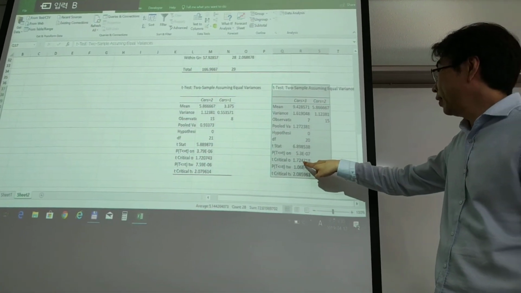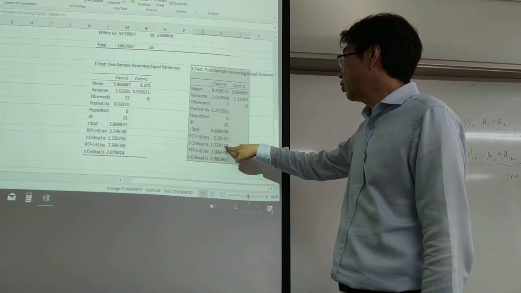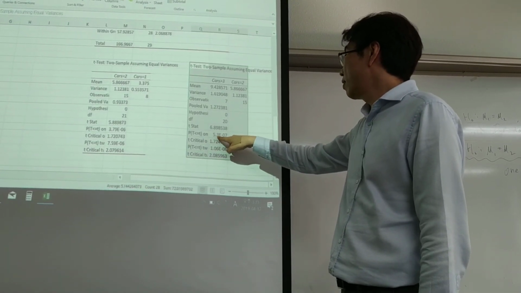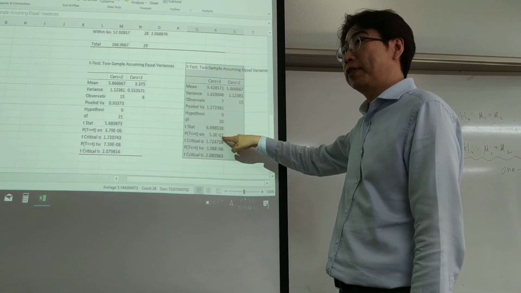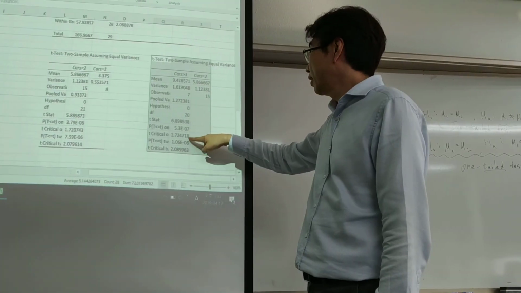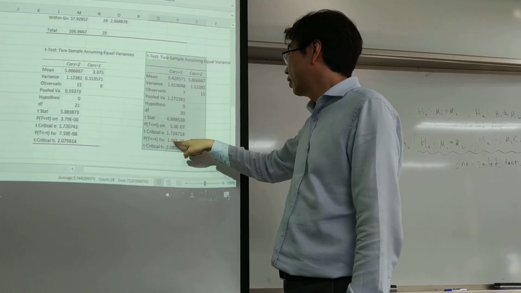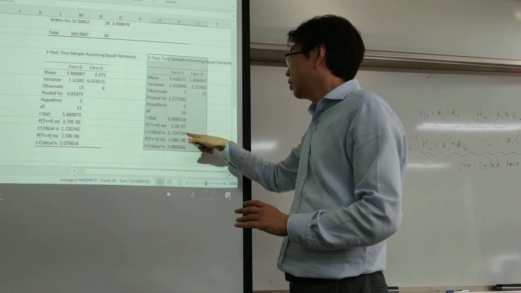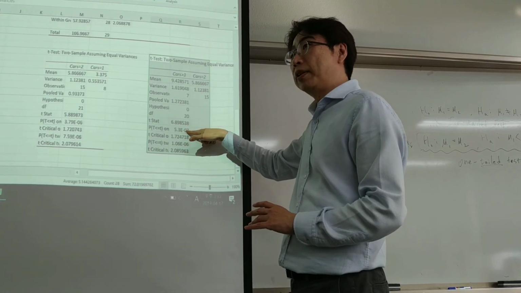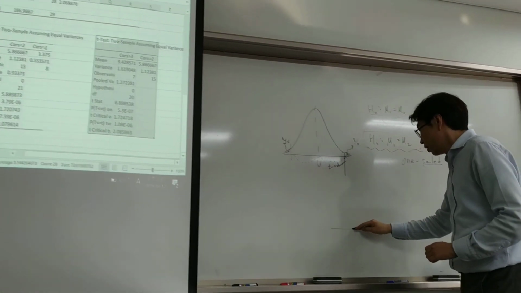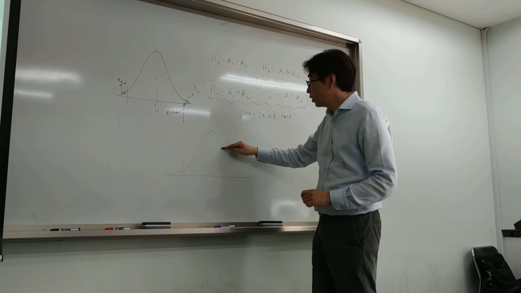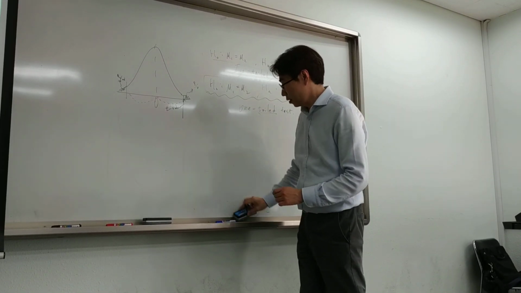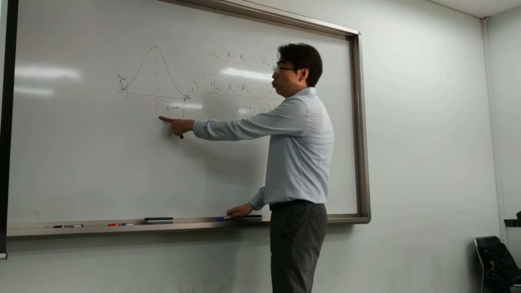If you use the one-tailed test, the t-critical value and the p-value is 5.3 times 10 to the minus 7, right? But for the two-tailed test, the p-value is larger than the one-tailed probability. This is very rational. Oh, sorry. Here it is. This is the two-tailed test, right?